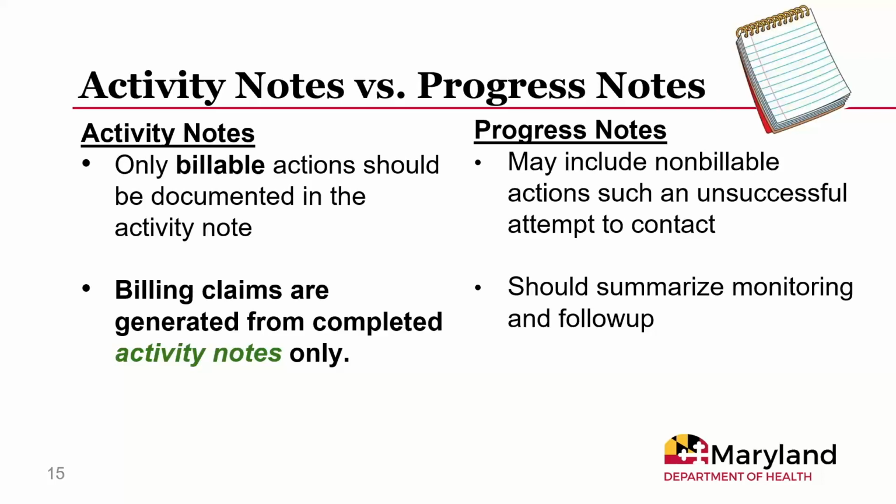Summarizing quarterly monitoring and follow-up in the progress notes makes it easier for the current CCS to prepare for the annual PCP, as it can provide a basic overview of the year, highlight ongoing areas of focus, and also serve to document unsuccessful attempts to follow up with a participant or their designated representative or guardian. Progress notes can also be viewed by other program staff. The supports planner in the CFC program can view progress notes for participants that they serve.